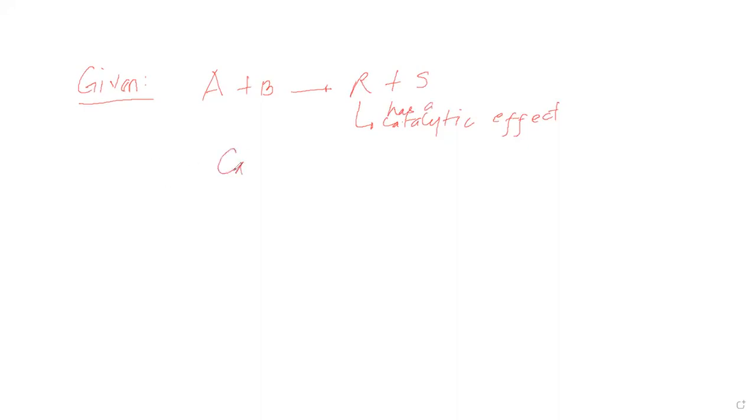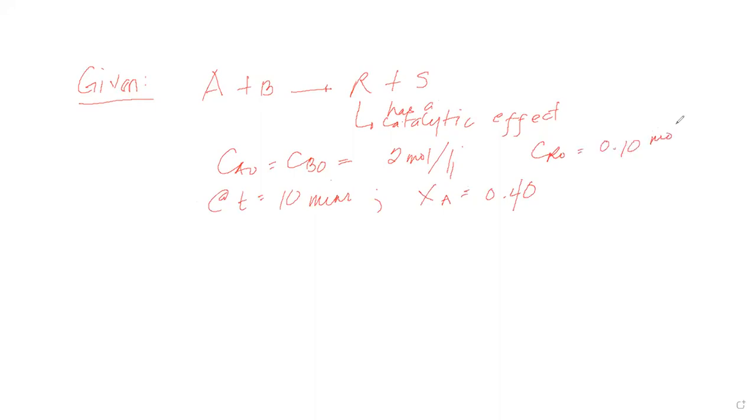Then we have an initial concentration of A and B being 2 moles per liter. And after 10 minutes, A is 40% converted. Now, our initial concentration for R is 0.10 mole per liter.